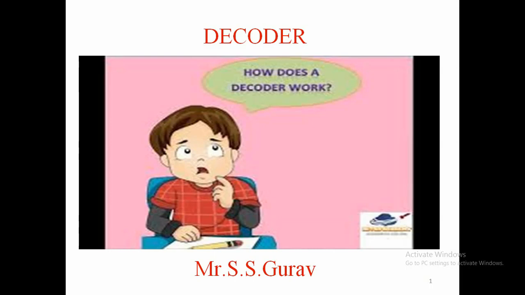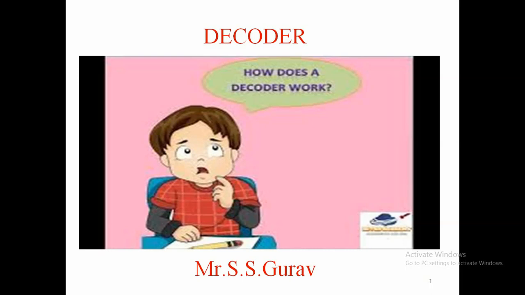In digital electronics, some discrete quantities of information are represented by binary codes, and a binary code of n bits is capable of representing some distinct elements as well as some coded information. We are choosing today's topic, that is the decoder.